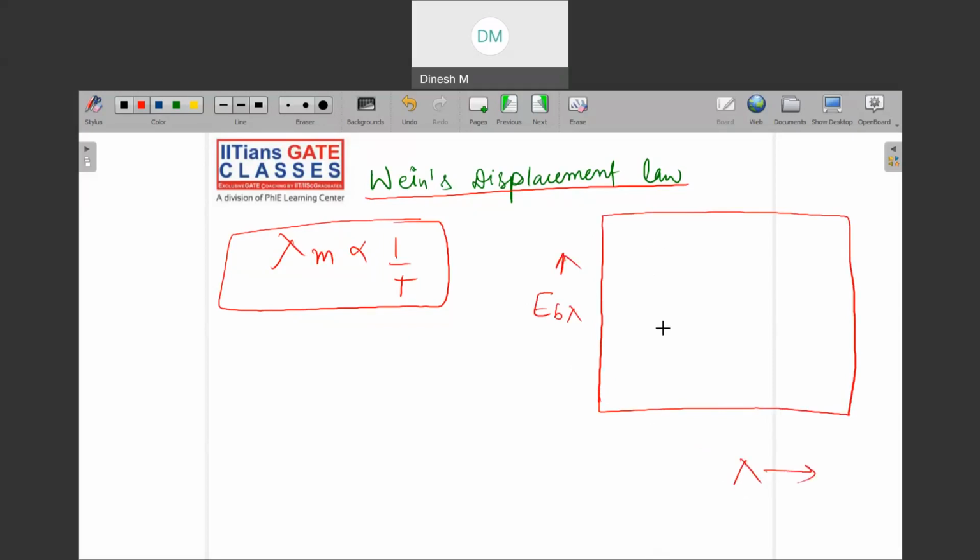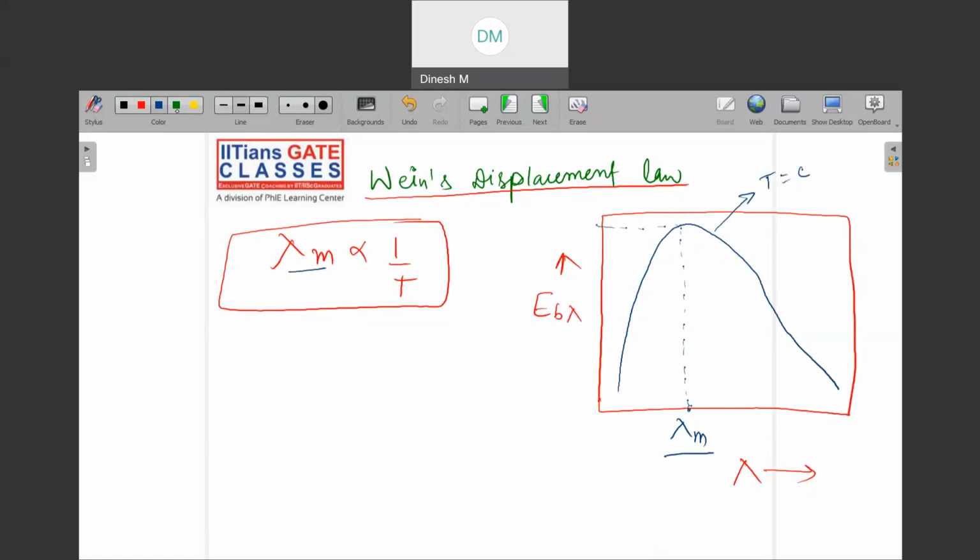Corresponding to this there is one maximum, lambda m, where I have the maximum emissive power.